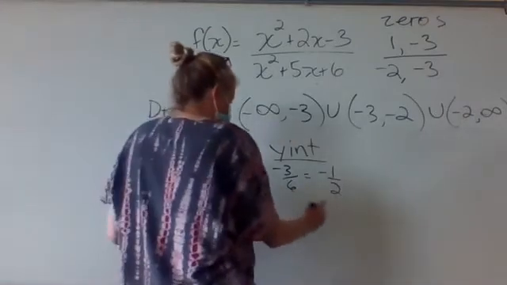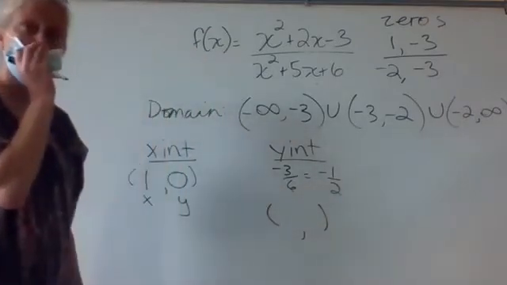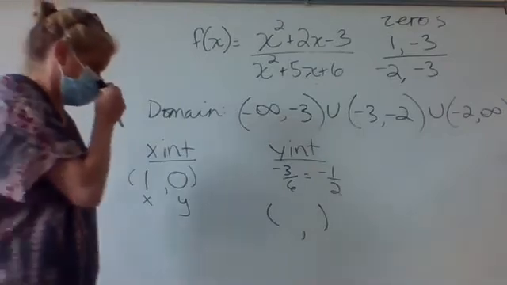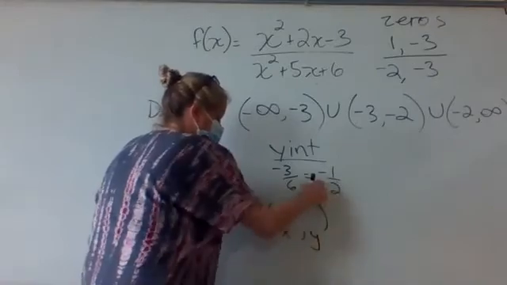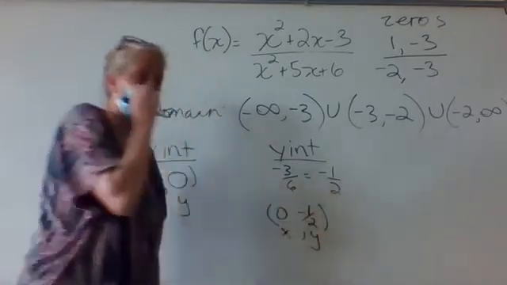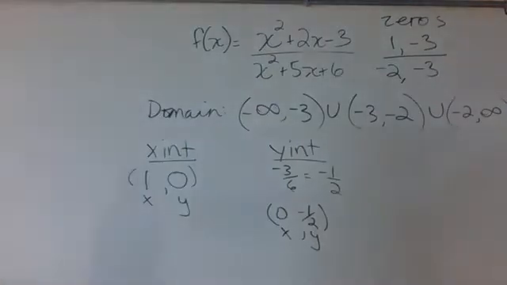Remember, I'm talking about an ordered pair here. So the x at your y-intercept is 0. This number goes in your y spot. So just remember to type it in as an ordered pair.